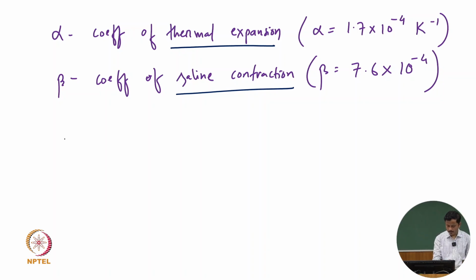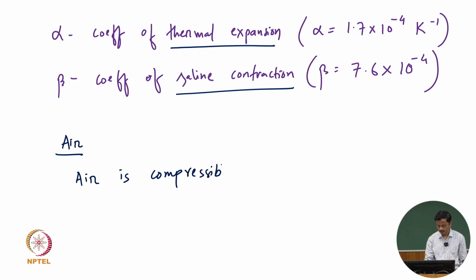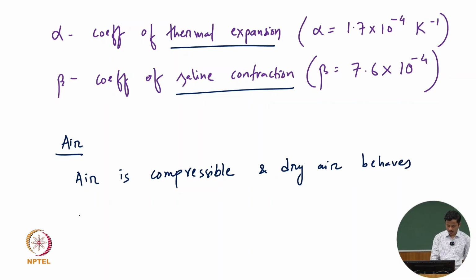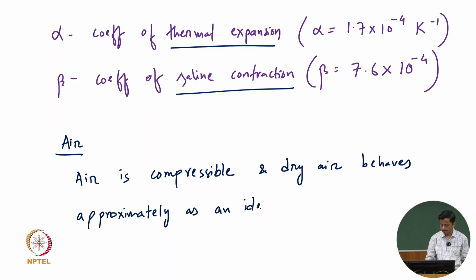Now for air. Air is compressible, and dry air behaves approximately as an ideal gas. So we are trying to find the equation of state.